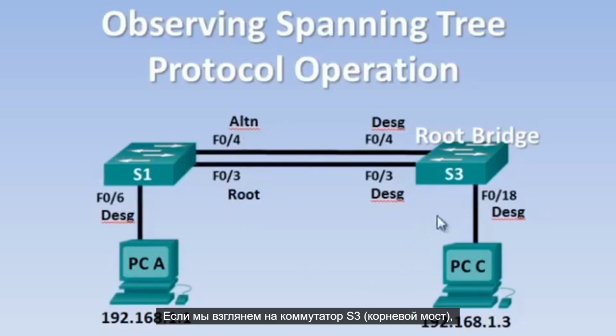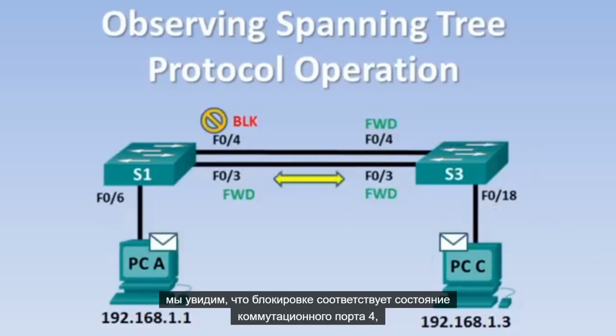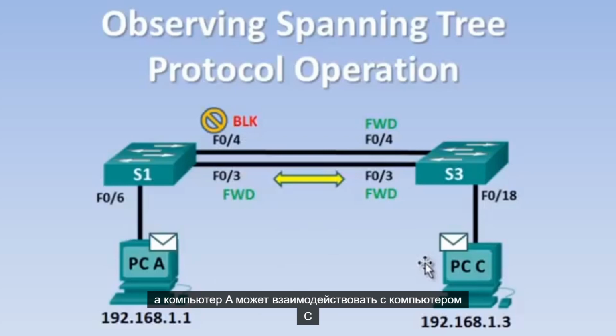If we look over at switch S3, which is the root bridge, you can see that all of its switch ports have the designated role, and they're all in a forwarding status. When we look at this graphic, you can see blocking is the status of switch port 4, and PCA can communicate with PCC over switch port 3 to switch port 3.